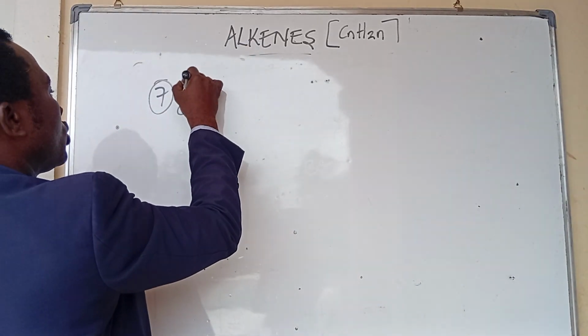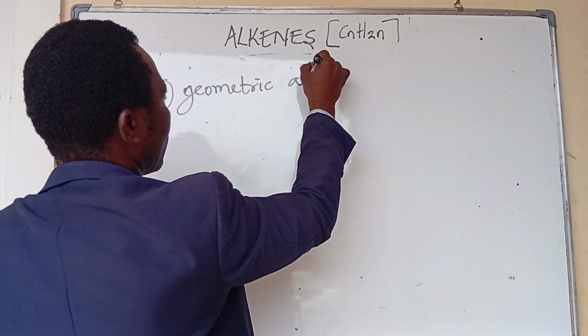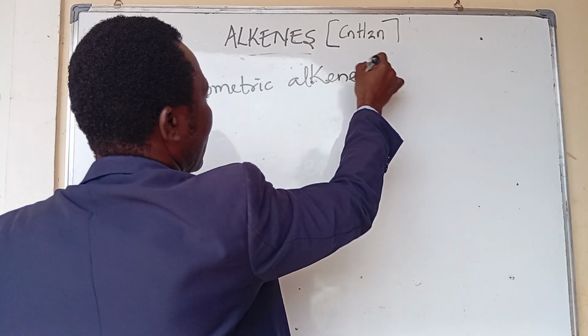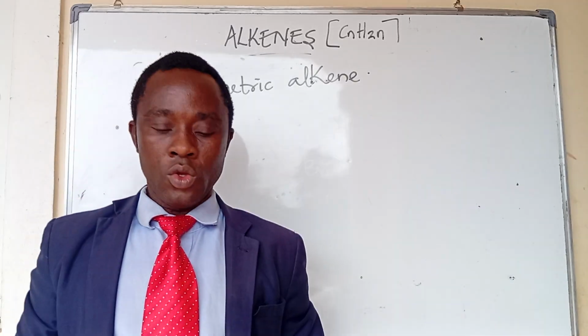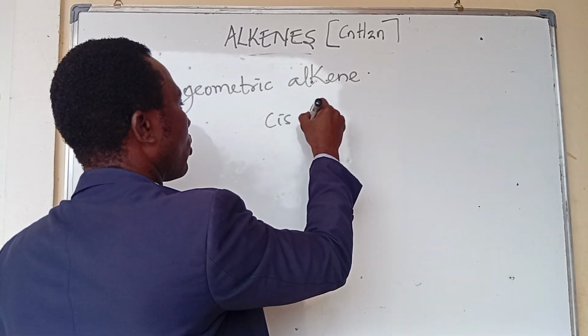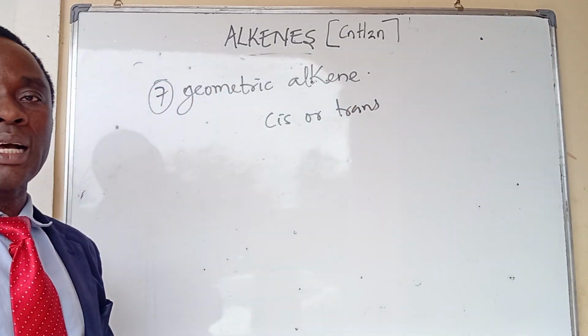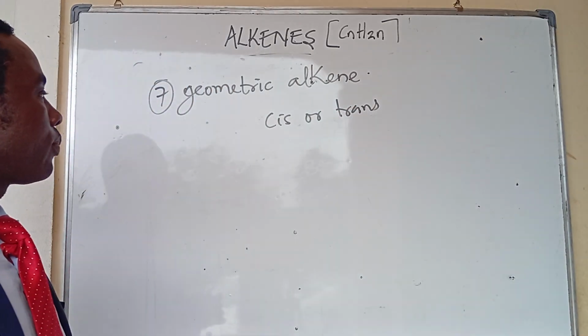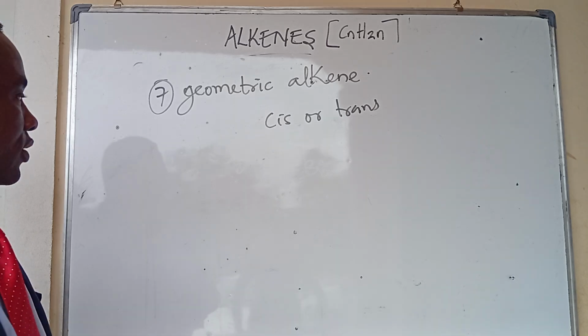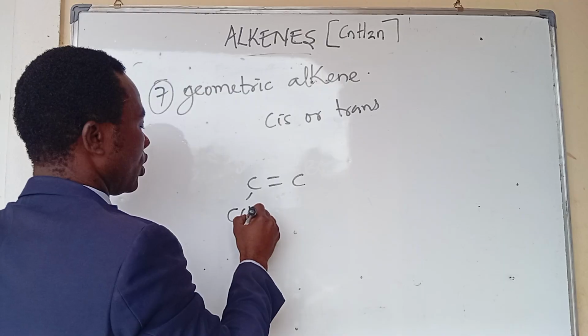geometric alkene. When you have a geometric alkene, if you want to name it, you add cis or trans as a prefix to it. Let's say we have C double bond C. Then here we have CH3.